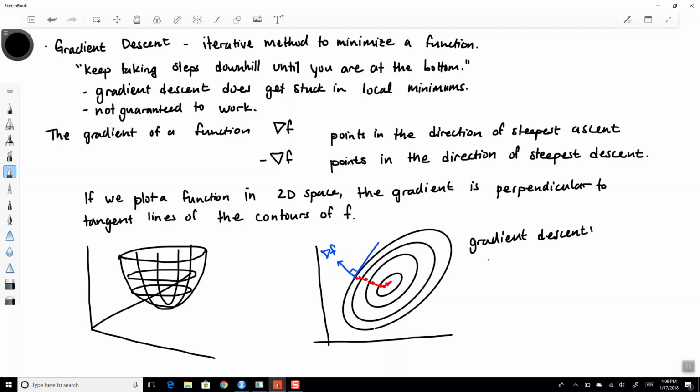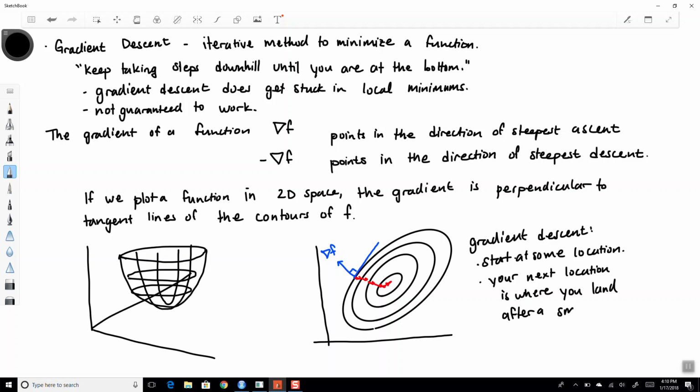Basically, the gradient descent algorithm is this: start at some location, and then your next location is where you land after a small step in the direction opposite of the gradient.